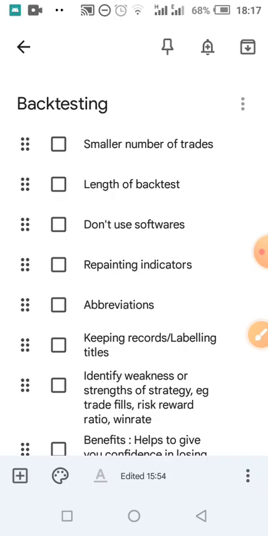If you are going to use your software to backtest, make sure that it is able to include everything that is within your trading strategy.